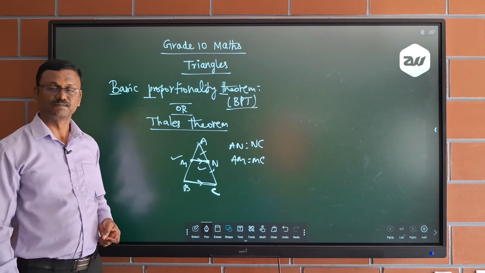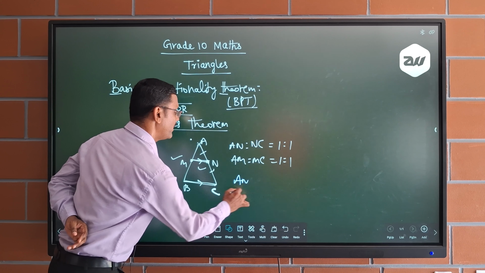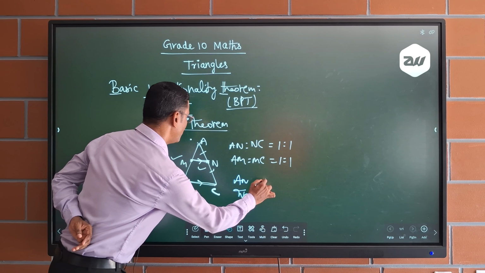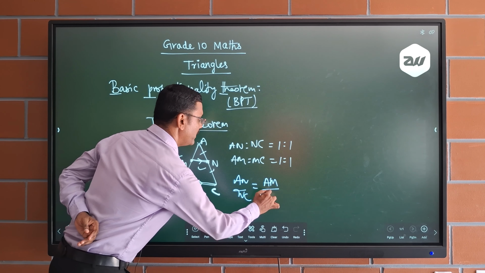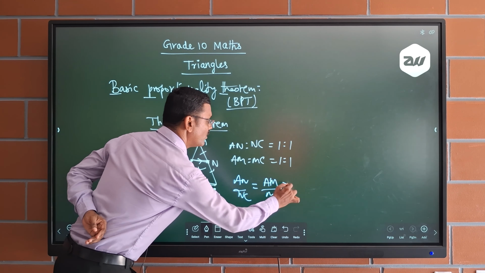So if MN is parallel to BC, then MN divides AB in the ratio 1 is to 1 and AC in the ratio 1 is to 1. So both ratios are equal. That is, AN by NC is equal to AM by MB. Both are equal to 1 by 1. This I write in fraction format. So the basic proportionality theorem also looks the same.